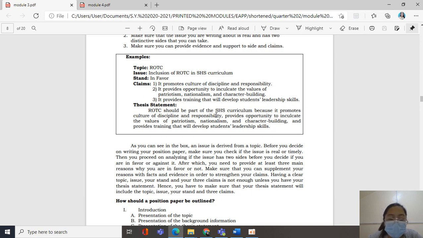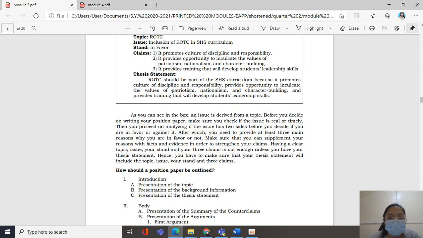And another claim that you have here is you think it provides training that will develop students' leadership skills. Okay, so basically you have three claims, but you can add more claims. But for this, you just have three. And then try to build your thesis statement.